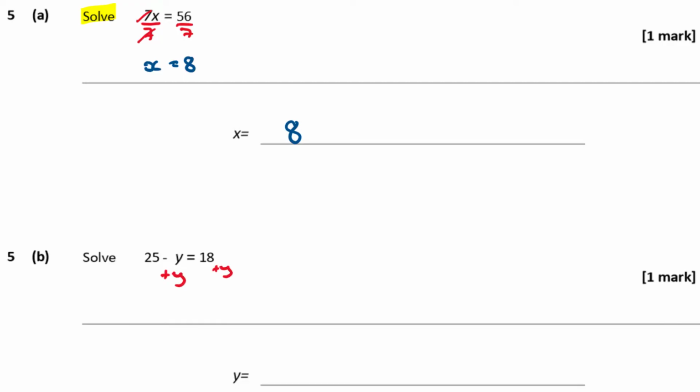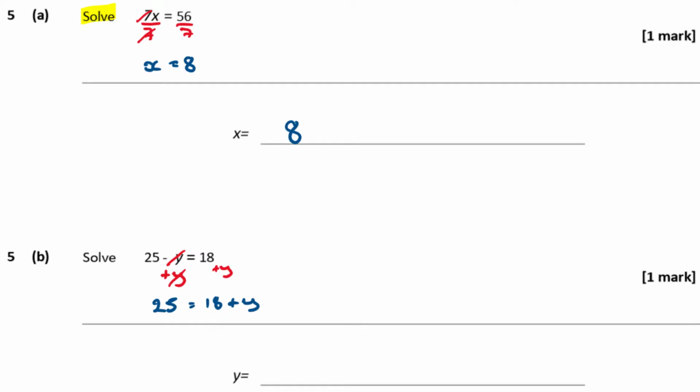You might not immediately see the reason for that, but it'll become apparent in a second. So that y there is going to cancel with that one. It's going to leave me with 25 on the left, and I'm going to get 18 plus y on the right. Now you notice I've got a positive y and not a negative one, so that makes things a little bit more simple.